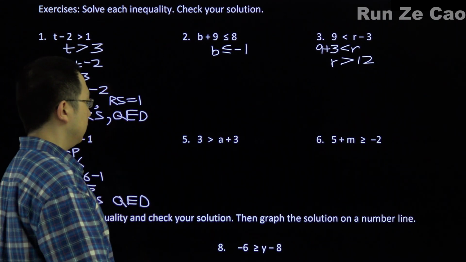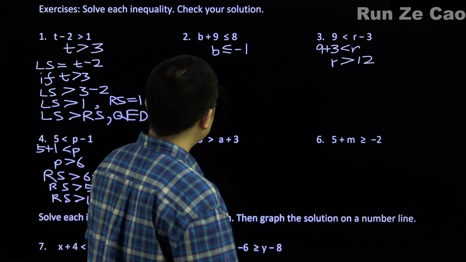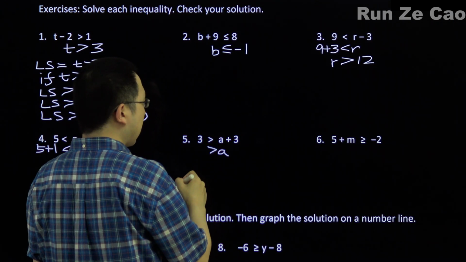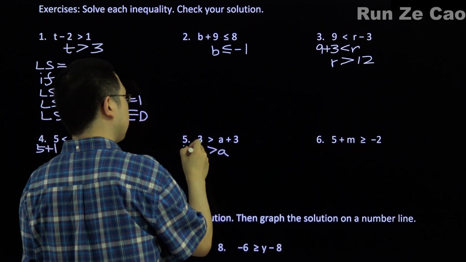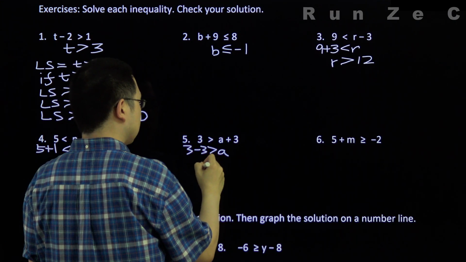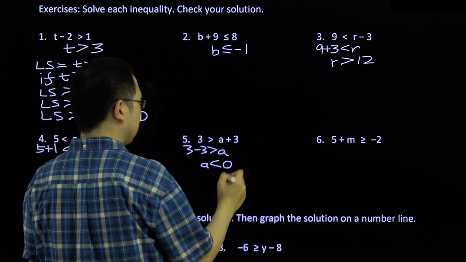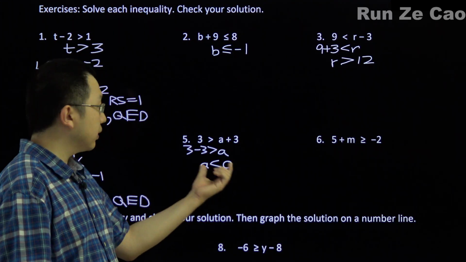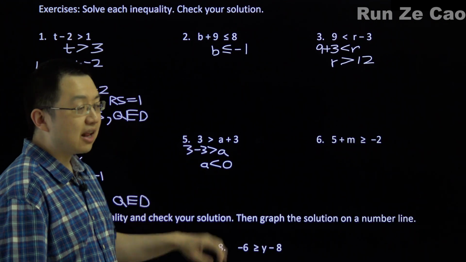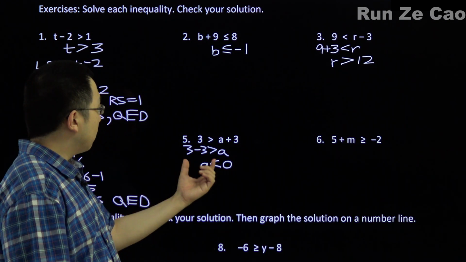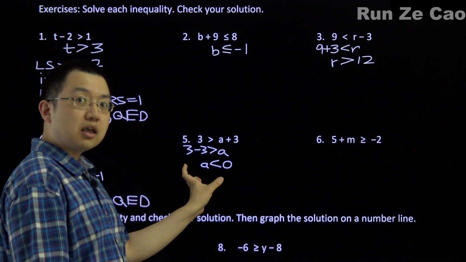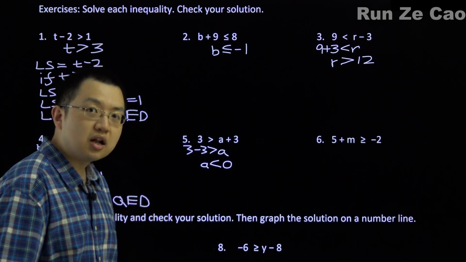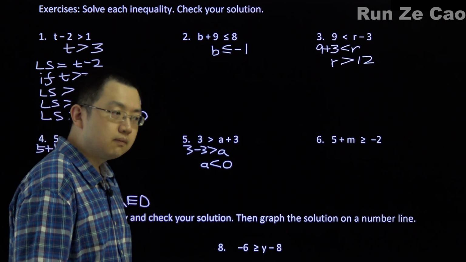Now, 3 is greater than a plus 3. A is less than 3 minus 3. So a is less than 0. Notice that unlike an equation where we can flip the sides and everything stays the same, when we change the sides in an inequality, we have to change the direction of the sign.